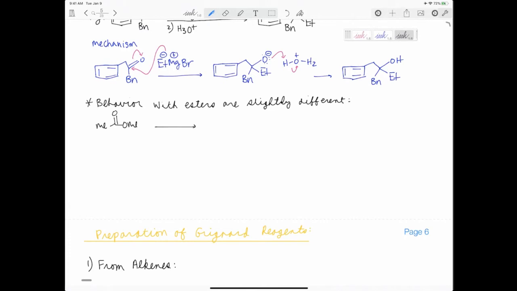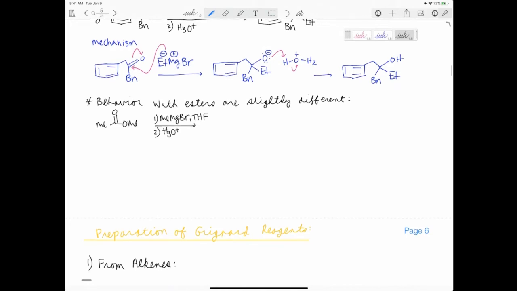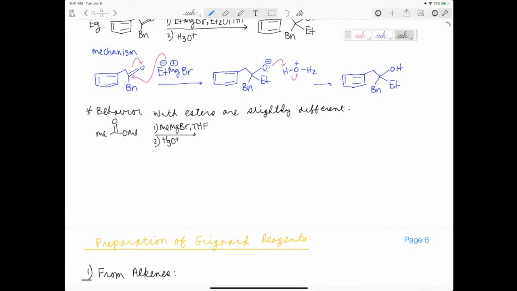If I added methyl magnesium bromide and then THF, and do an acidic workup after, what I'll get is this here. Let me change this to ethyl so that it's not so confusing. I would have my ethyl, my alcohol, and my 2 added R groups. I'm adding 2 R groups now, 2 times addition. Why is that?